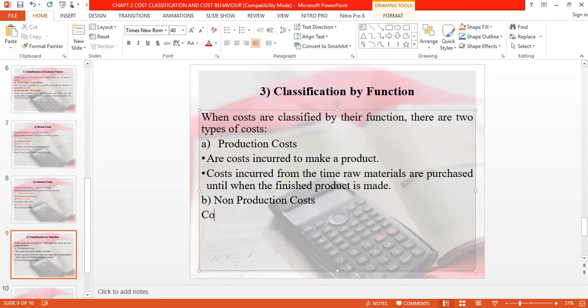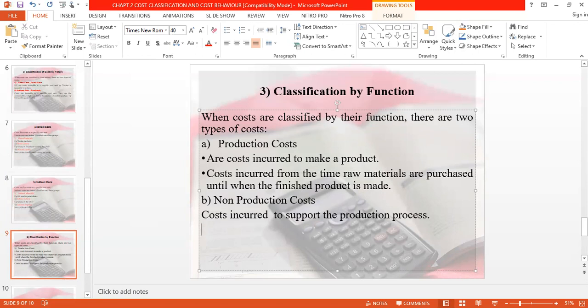Non-production costs are costs incurred to support the production process, not to make, but rather to support.